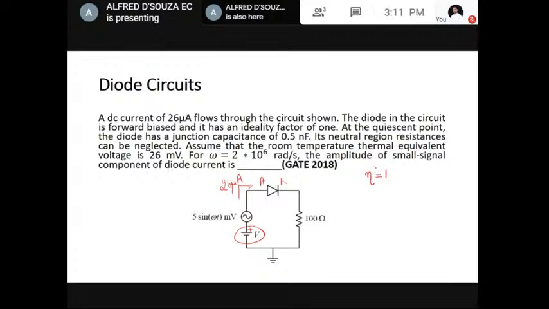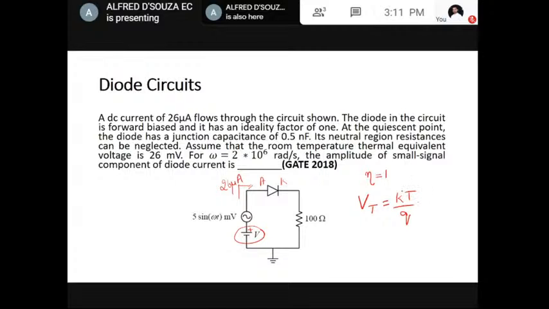Assume that the room temperature thermal equivalent voltage, that is VT, is equivalent thermal voltage, which is equal to kT by q, where k is the Boltzmann constant, q is the charge of one electron, 1.6 into 10 power minus 19, and T is the temperature.